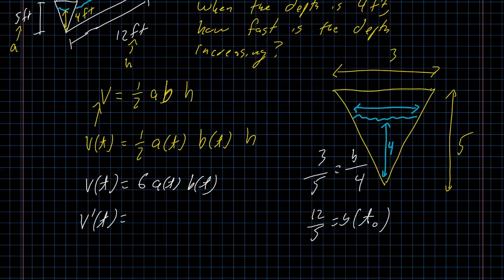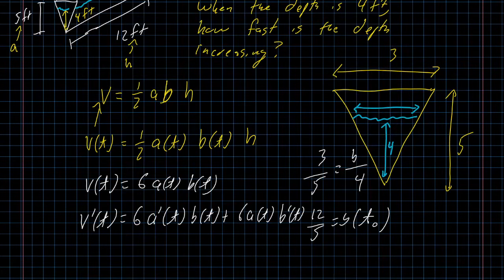Derivative of v of t with respect to t is v prime of t. Derivative of a times b, we're going to have to use the product rule. Derivative of the first times the second plus the first times the derivative of the second.